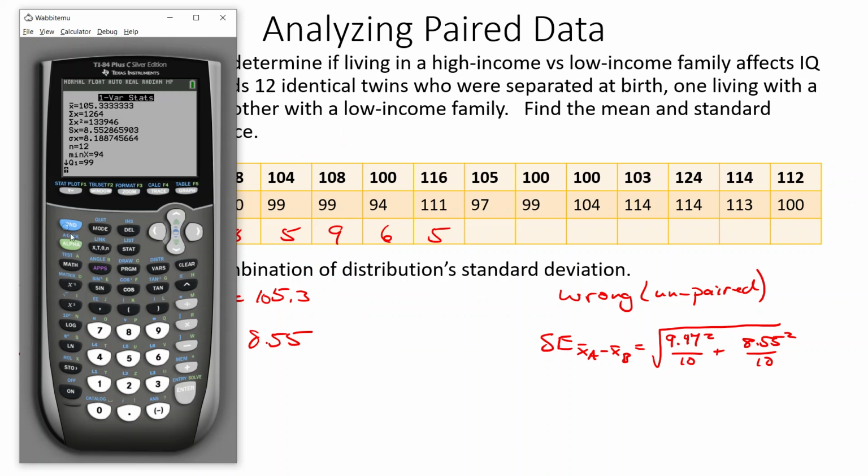So let's do that. Second, square root of 9.47 squared divided by 10 plus 8.55 squared divided by 10. And that gives us a standard error of 4.0.